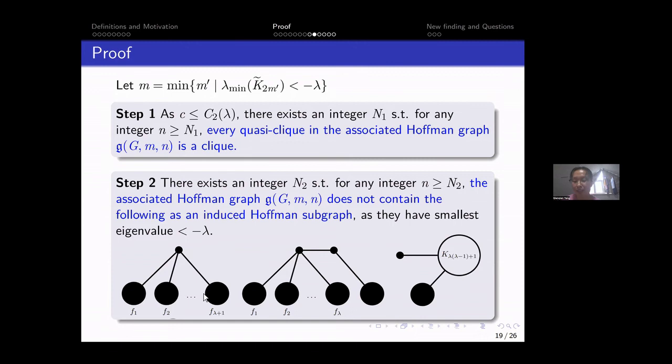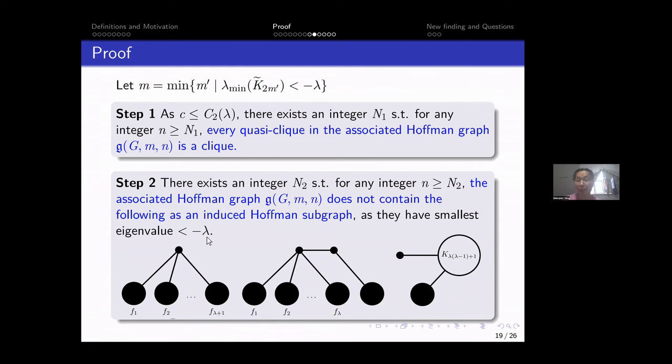Let's say it's a set with 3 Hoffman graphs. We know that if n is very large, then the associated Hoffman graph does not contain these three as induced Hoffman subgraphs, because it's not hard to calculate that these three have smallest eigenvalue less than minus lambda.